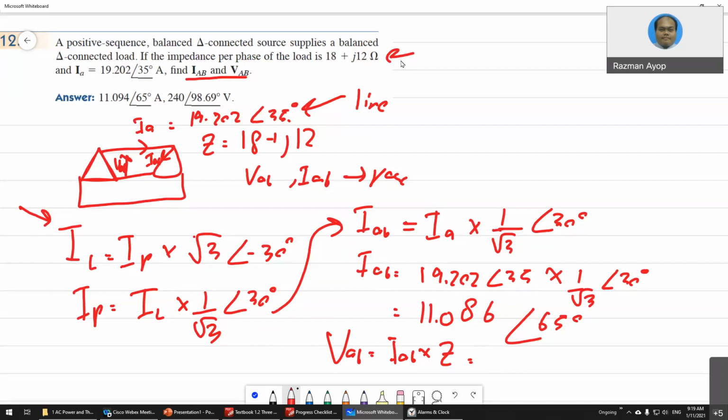Don't use manual calculation. Multiply by, don't forget the bracket, 18 plus 12i, close bracket. Your answer should be in rectangular form, or polar form, I forget the name, but it should be something like this.